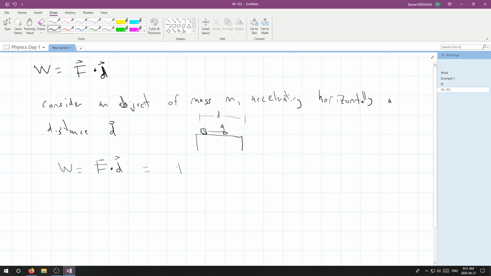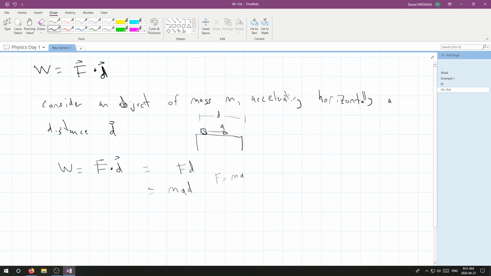So in this case, the work is just force times distance. Most of the time it will be like that. So work is equal to F times D. F is just equal to MA, right? MAD. Work equals MAD. Since F is equal to MA, I'll replace the F with MA.